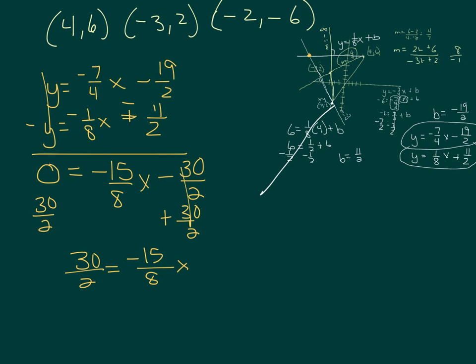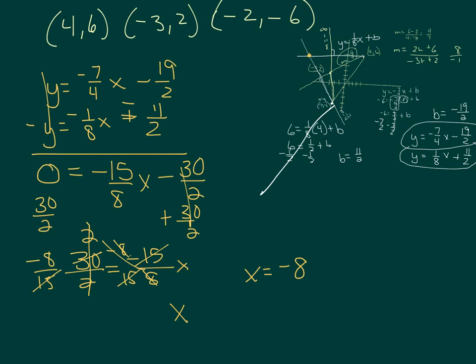So I'm going to multiply both sides by negative 8/15. Here the 8's will cancel, the 15's cancel, and a negative times a negative is a positive. So I just get x on this side. I know that 15 goes into 30 two times, and now the 2's will cancel, just leaving me with the negative 8 over there, right? So x then equals negative 8.